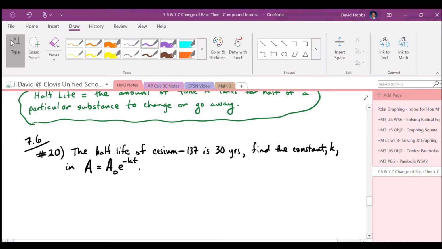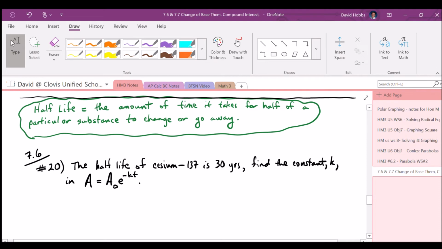Now, when we're doing half-lives, like I say, you have to understand what the definition is, which is why I started with it. But they're always going to give you whatever formula you need to work with when you're doing the half-life stuff. And this is a very common formula, A equals A sub 0 e to the negative KT, but just use whatever formula that they say to use.